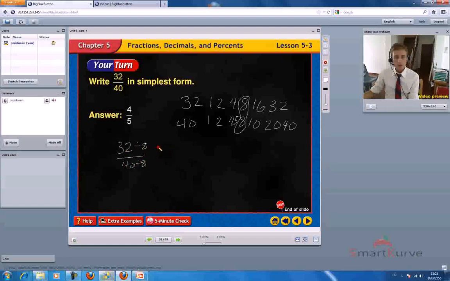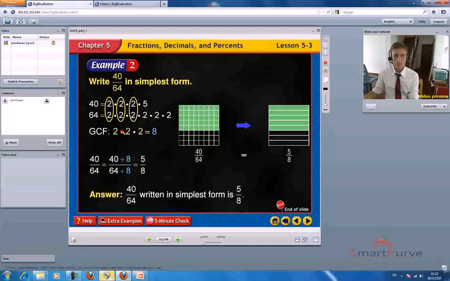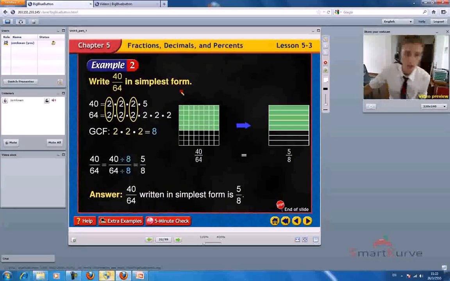So the greatest common factor of both is 8. So 32 divided by 8 over 40 divided by 8. 32 divided by 8, 4. 40 divided by 8, 5. The answer is 4 over 5.